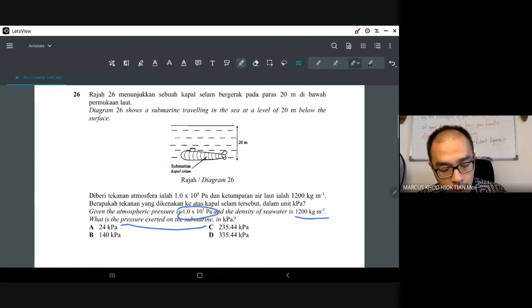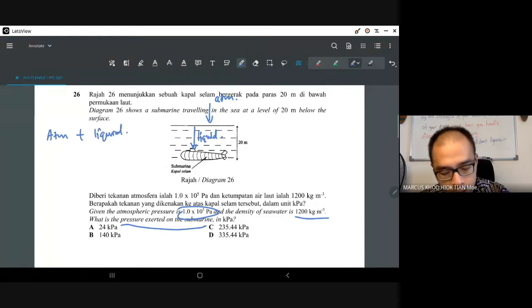We need to remember that anything that is under the water is subject to two pressures. Number one, the atmospheric pressure, and number two, the liquid pressure. So the total pressure on the submarine is the atmospheric pressure plus the liquid pressure.